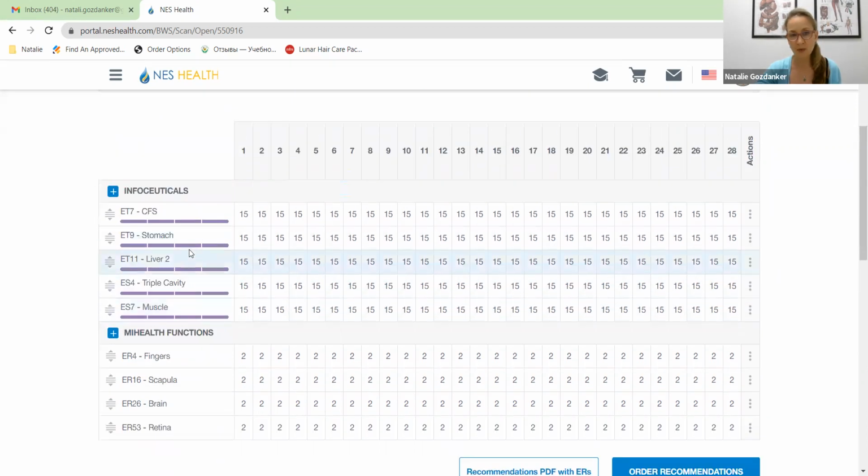Now, I always tell people that there is a certain mathematical algorithm that calculates 460 plus parameters, and there are a million plus questions about the functionality of the body. So basically in our head, as practitioners, we cannot come up with that type of recommendation as the program comes up with. But from the other side, the program doesn't know you, it doesn't know your specific story.